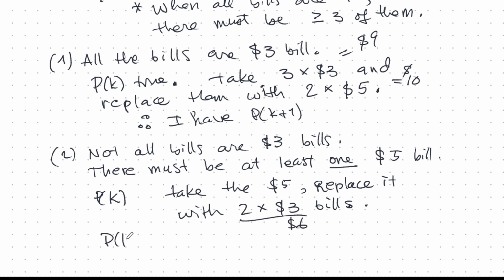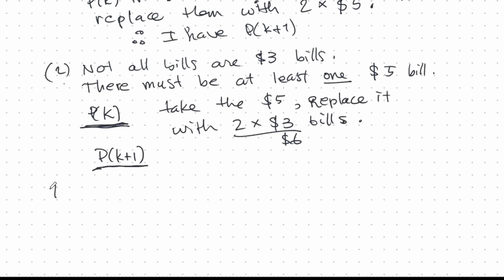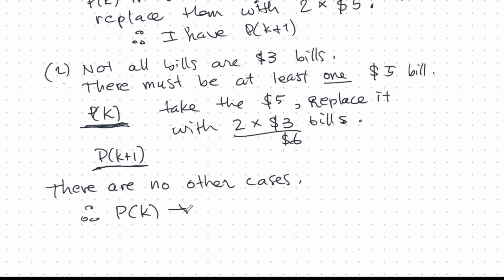So Pk plus 1 is true. As long as Pk is true, if I was able to make the amount k, then k plus 1 is doable also in case 2. All right, very good. And there are no other cases. If you think about that for a moment, you will see that logically there's no other possibility. And so therefore we have done it. Pk implies Pk plus 1 in all the cases.